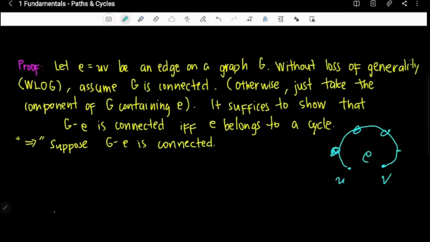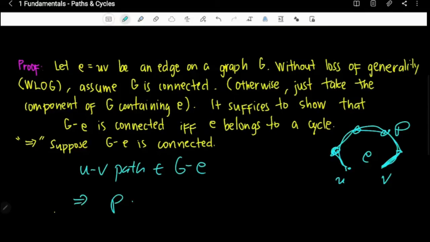Pero dahil connected daw yung G minus E, that means may magko-connect sa U tsaka sa V, not containing E, kasi tinanggal nga natin yung E. So that means the UV path P belongs to G minus E. Pero observe that P, tapos idagdag natin yung edge E, nasa G na siya. Tama? Wala siya sa G minus E kasi yung E wala sa G minus E. So pag dinagdag mo yung E sa P, yung P plus E ay nasa G, pero this P plus E is a cycle.